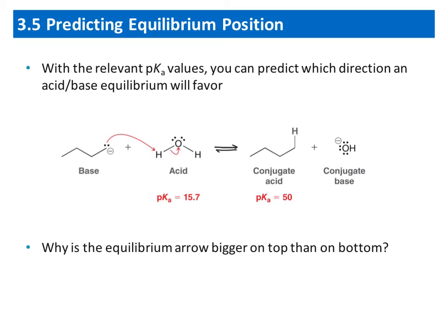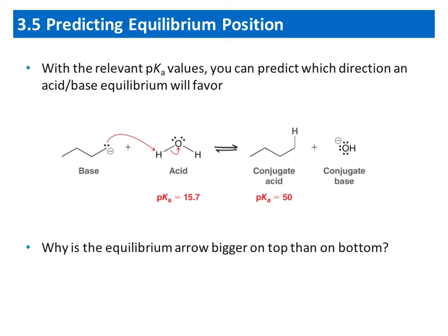Using pKa values, we can also determine the direction of equilibrium. So the rule of thumb here is that equilibrium always favors formation of the weaker acid, and the weaker acid, we know, always has higher pKa values. So the first step to determine the direction of equilibrium is to find your acid and your conjugate acid in the equation.